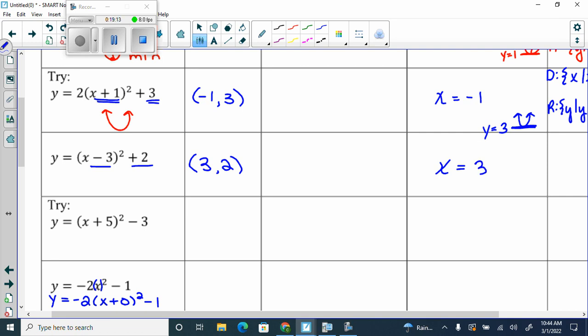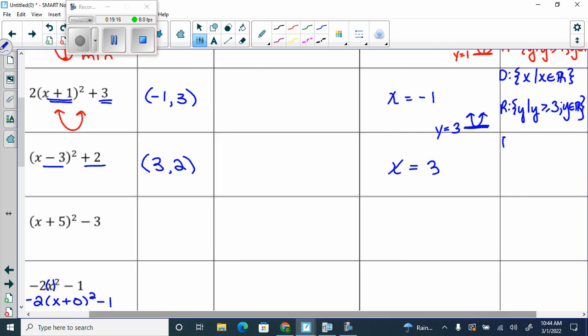And what's my domain and range going to be? X is an element of the reals. Y such that y is, it's concave up, greater than or equal to, what's my y? 2. Got it.